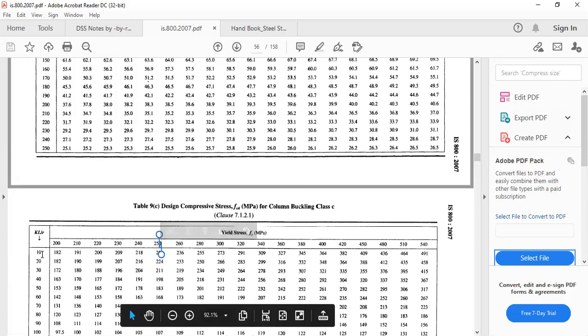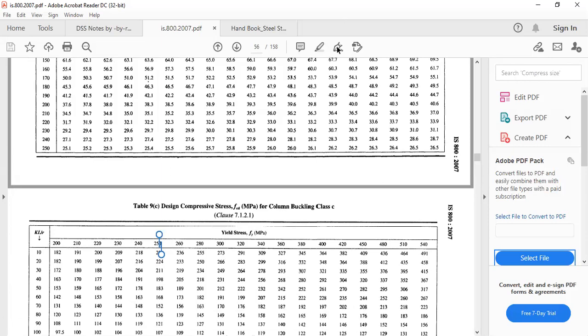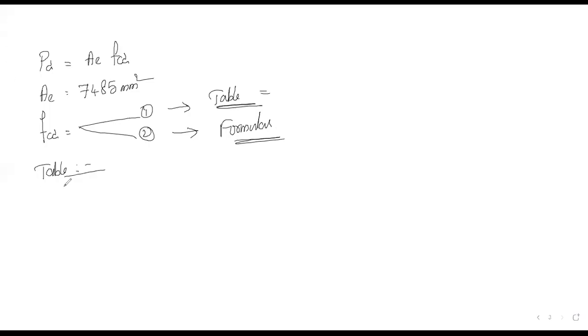So KL by R, what is the KL value and the least radius of gyration, that we have to find out now. So I am writing here. From the table, we need the KL by R value as well as the Fy value. Fy we all know is always 250 Newton per mm square. Then KL by R is equal to how much? K value is nothing but 1, into L, because of our support conditions.